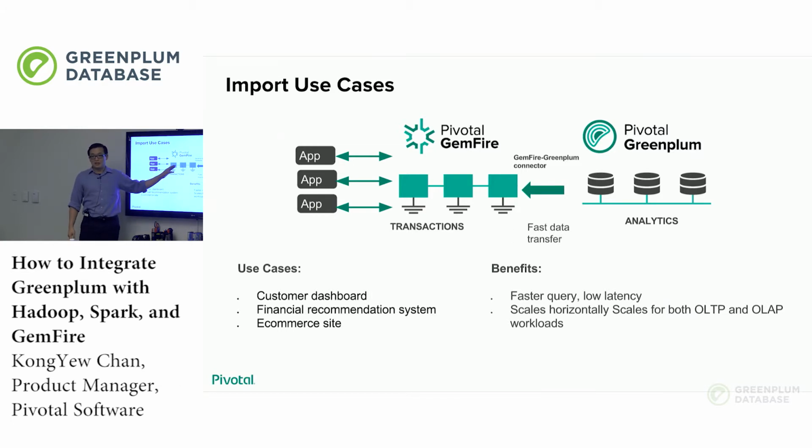This is just an example of three, but you can have multiple GemFire nodes in a cluster, and they partition the data in memory, so you can hold all your data in memory. As you need more users to access GemFire, you just scale by adding more GemFire nodes. The data transfer from Greenplum to GemFire depends on the size of the GemFire and Greenplum clusters, so I can't give you a specific number.